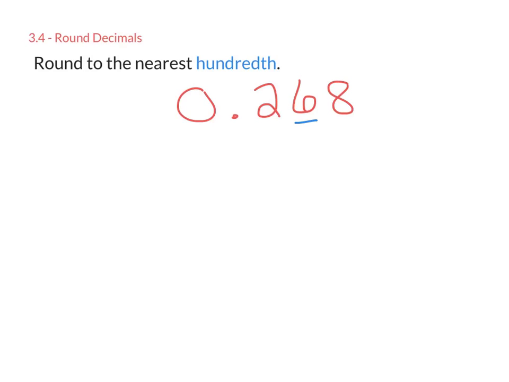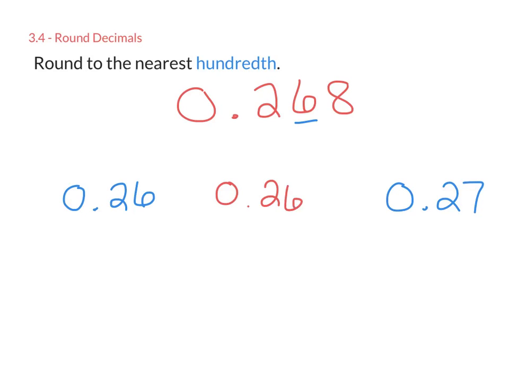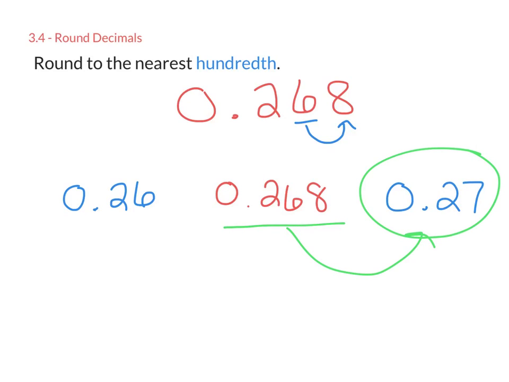So 0 and 268 thousandths is between 0 and 26 hundredths and 0 and 27 hundredths. So 268 thousandths is greater than 26 hundredths, but it's less than 27 hundredths. We're going to look one digit to the right. We have an 8. That 8 tells us we need to round up. So 268 thousandths rounds up to 27 hundredths. It's closer to 27 hundredths than it is to 26 hundredths.